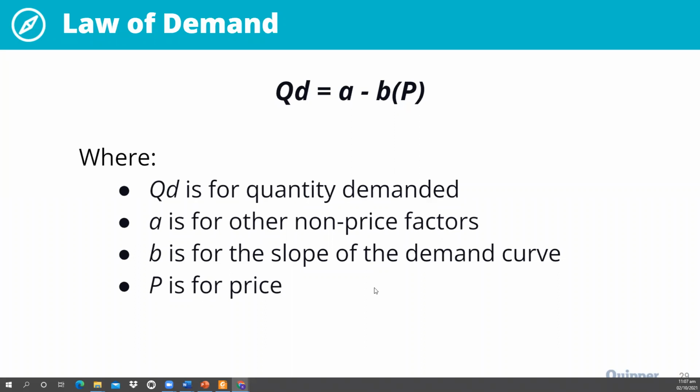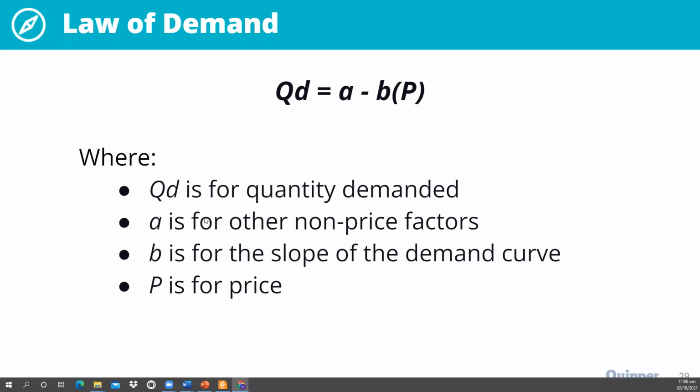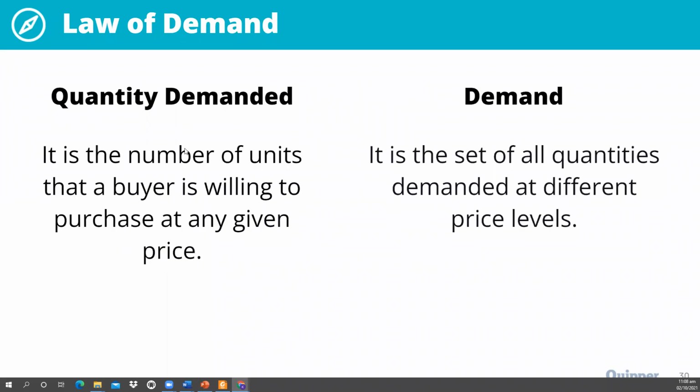Okay, QD is equal to A minus B multiplied by P. So when we say quantity demanded, for the QD, it is the number of units that a buyer is willing to purchase at any given price. Okay, so yung willingness to buy that unit.